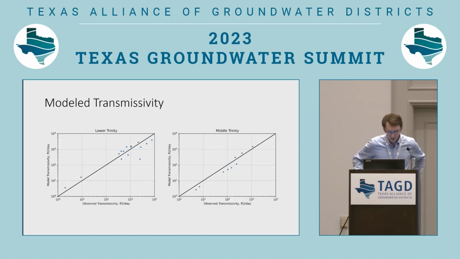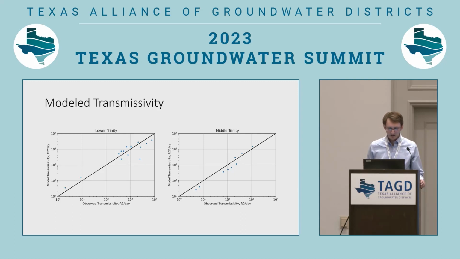So the following couple of slides show the results of the base model of the ensemble of results. And the base model is the realization or the model with the starting values and is often considered the mean of the realizations. So here are the results of the modeled transmissivity.